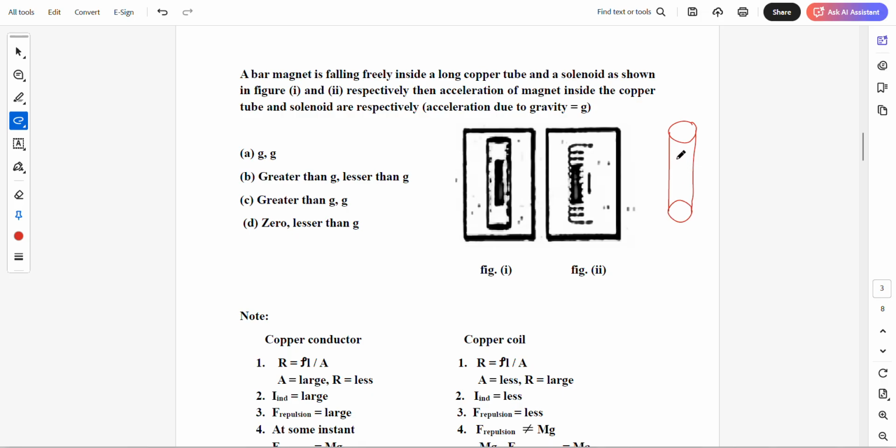And a magnet is, let us say, this is north pole and this is south pole. Now this is the copper tube.